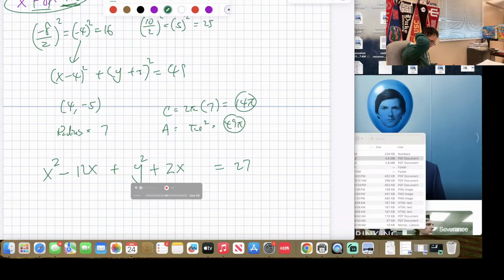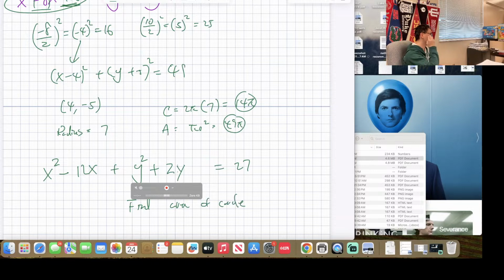Would it be 2y? Yeah, 2y, you're right. So can you find the circumference? Can you find the area of the circle? And can you find the center of the circle too?